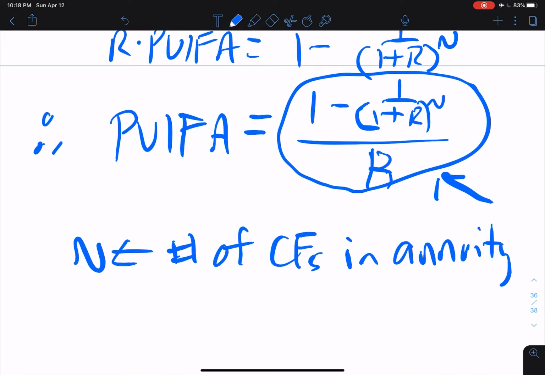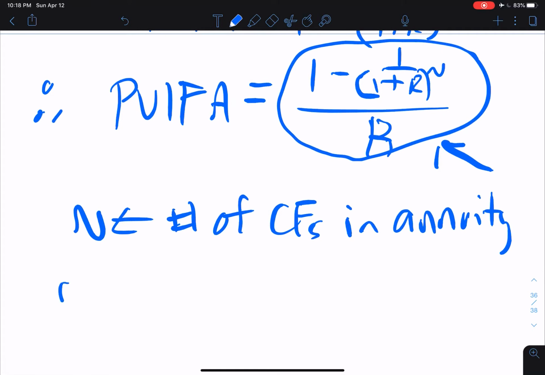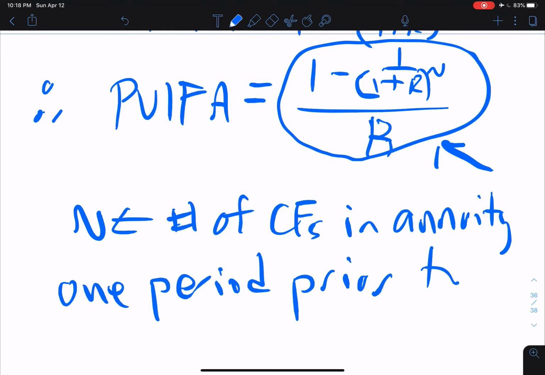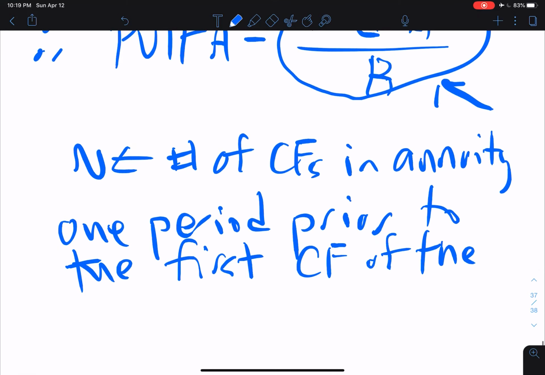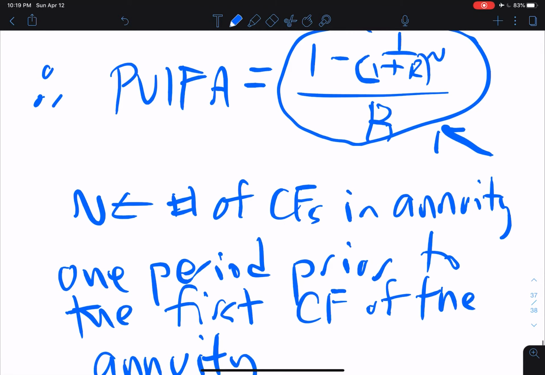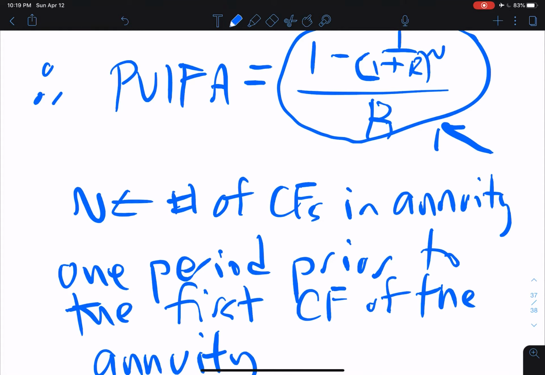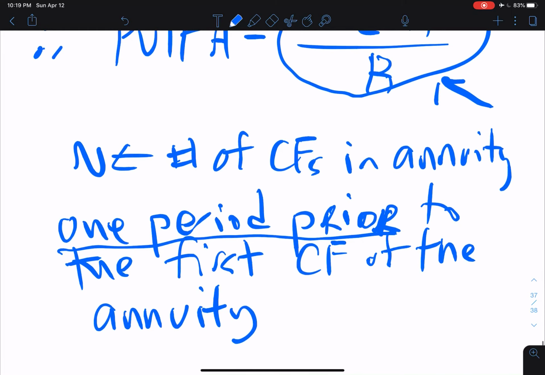But all of them will give us the value one period prior to the first cash flow of the annuity stream, of the annuity. So this analysis that we're doing will always give us the value of that annuity one period prior to the first cash flow of the annuity.